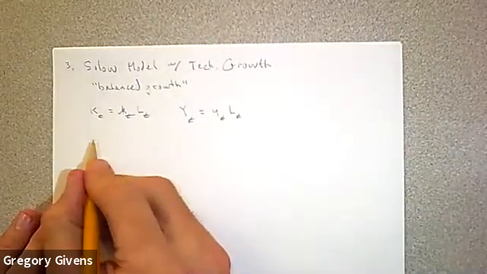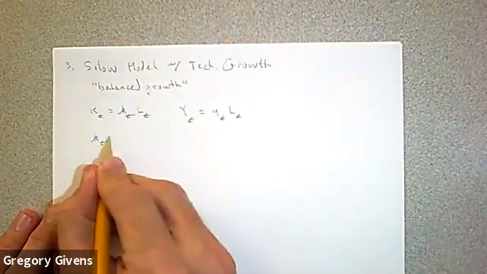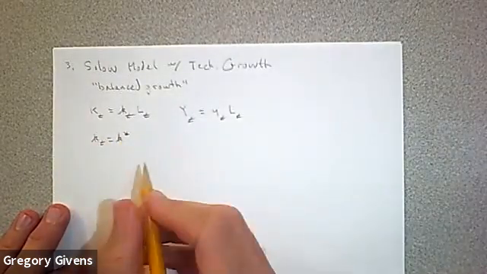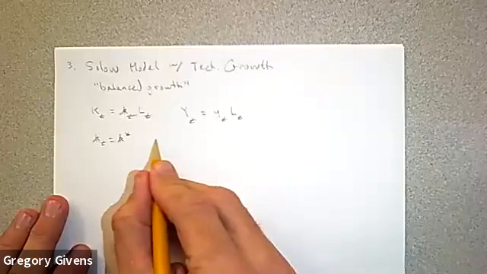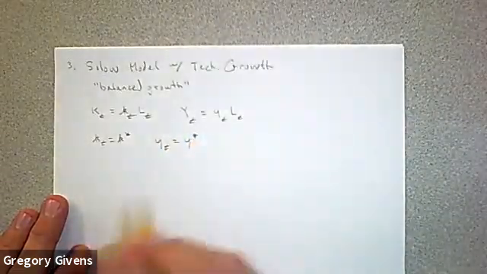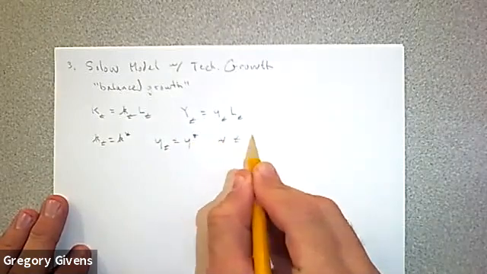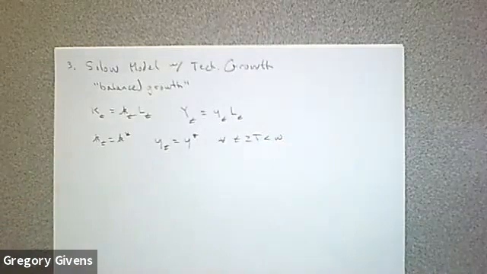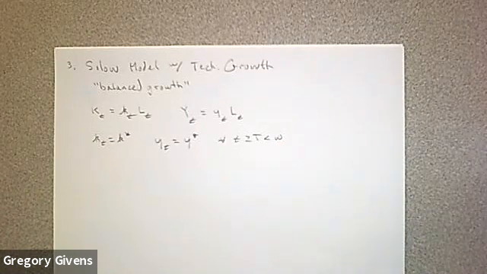Now, we know that capital per worker eventually reaches a steady state in the Solow model, and that output per worker also eventually reaches a steady state for all t greater than or equal to some capital T, which is finite. So eventually we get to a point at which the steady state value of capital and output per worker is reached.